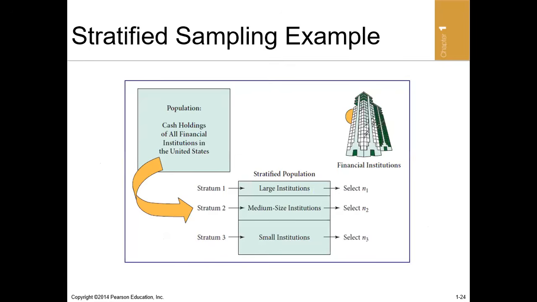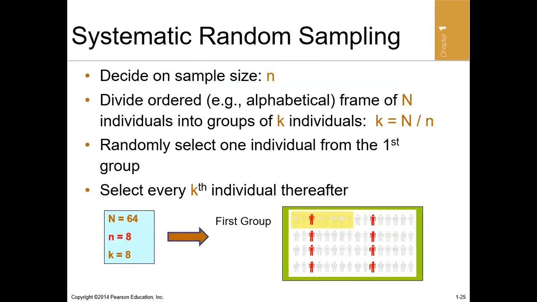The next one is systematic. Systematic is just like the simple random, but just that we now do it in a systematic way. How do we do it? We do it by choosing the kth person, and then K is equal to population divided by sample size.